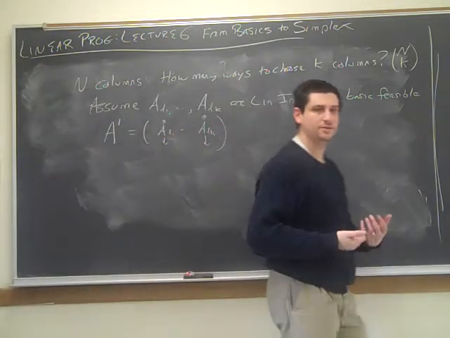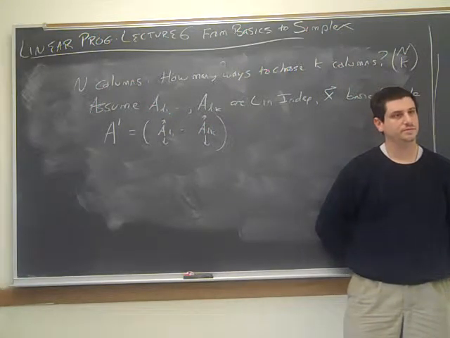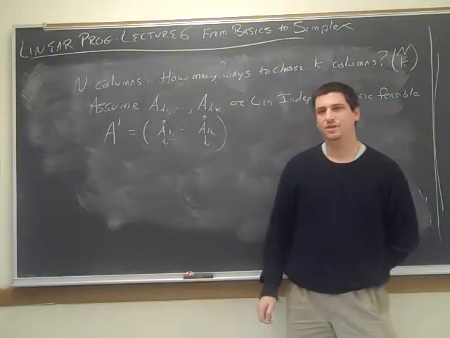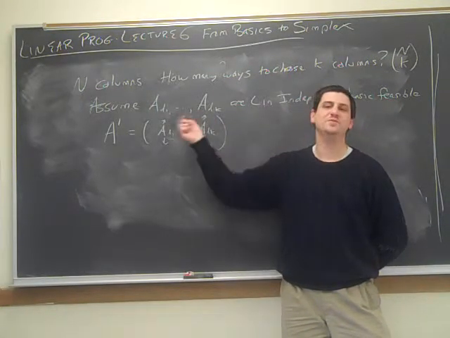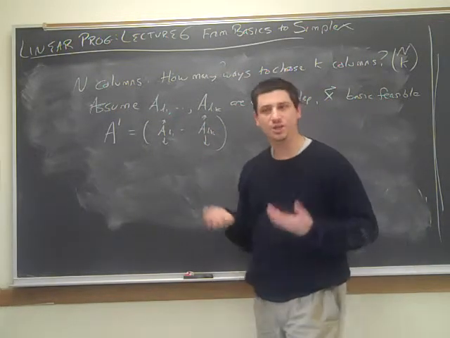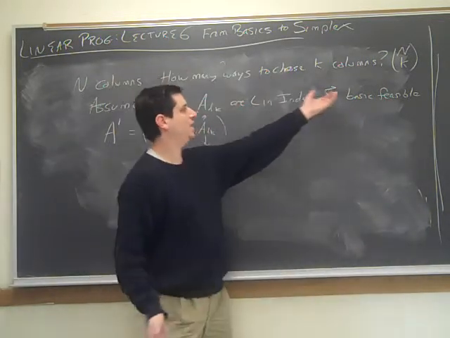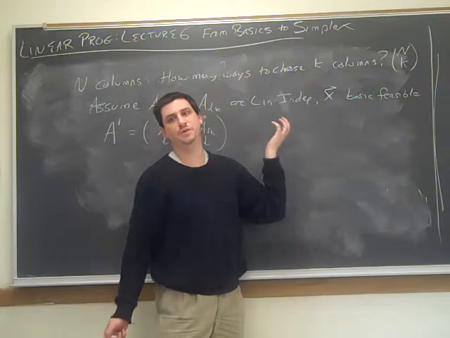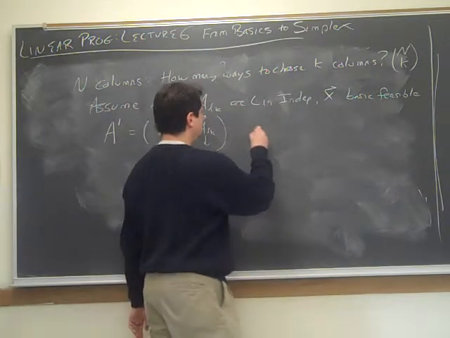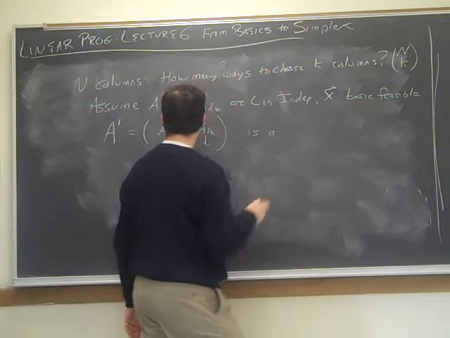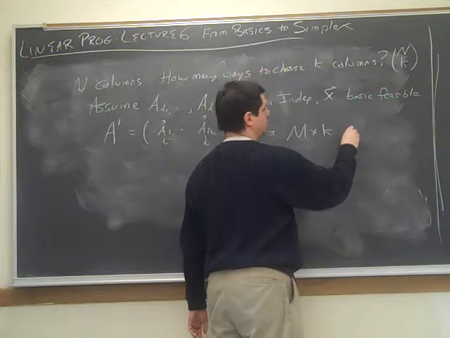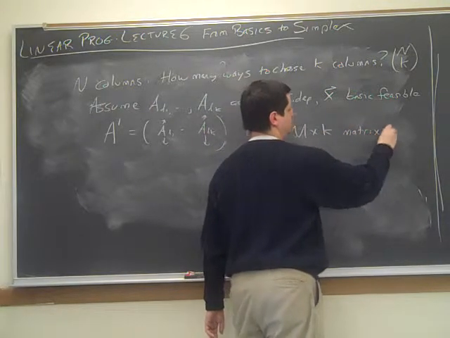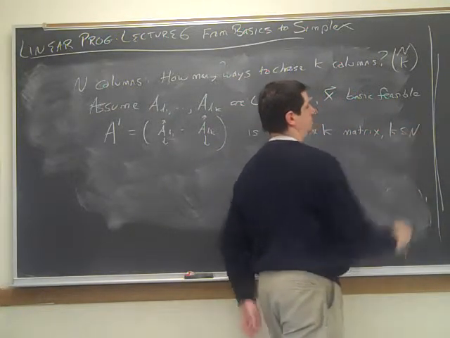So what have I thrown away? I've thrown away the other columns of A. I've thrown away the columns of A that are hit by the zero parts of x, because they don't play any role. So this is an m by k matrix.